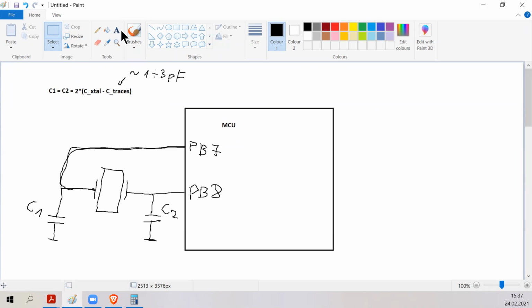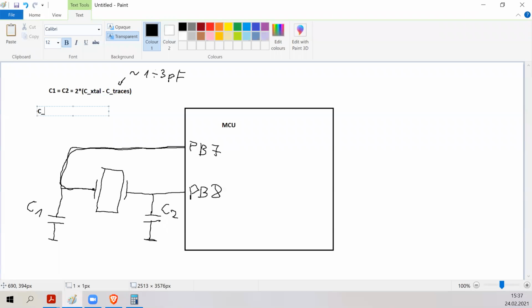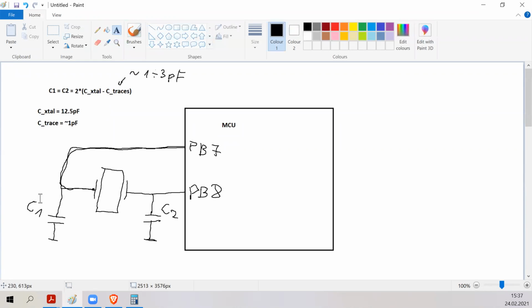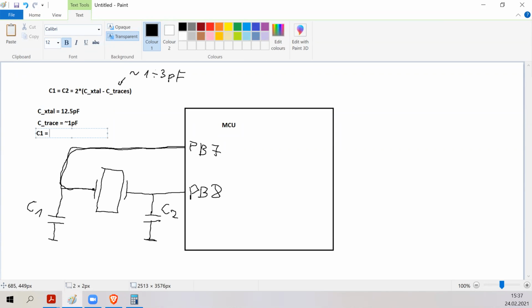So if we know that very popular value of the crystal capacitance for these 32 kilohertz crystals is 12.5 picofarad, and then we assume that the trace capacitance is something like, for example, approximately 1 picofarad, then these load capacitors are C1 equals C2 equals 2 times (12.5 minus, for example, 1), and 12.5 minus 1 is 11.5.